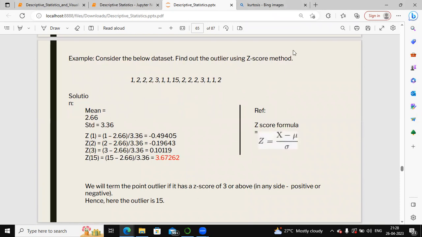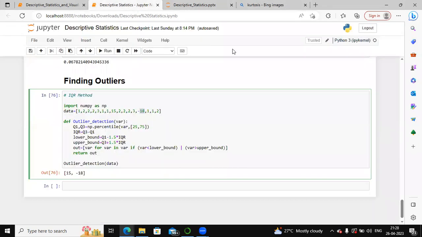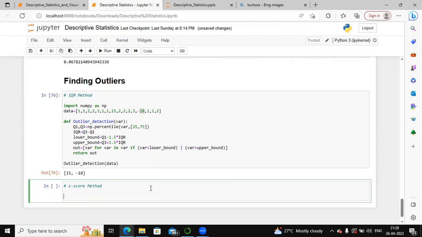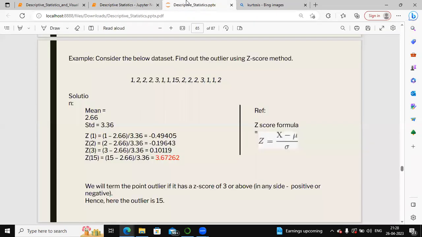So let's do this in our Jupyter notebook. Z-score method. Now let's take the data.